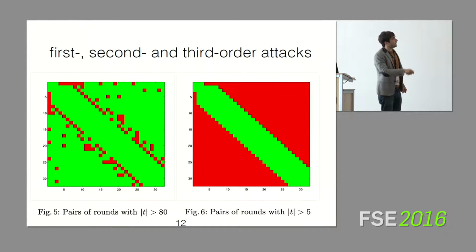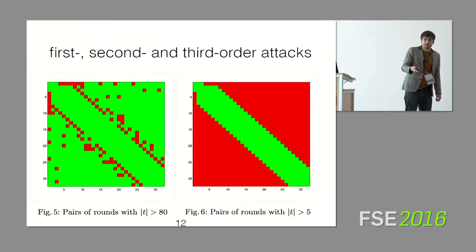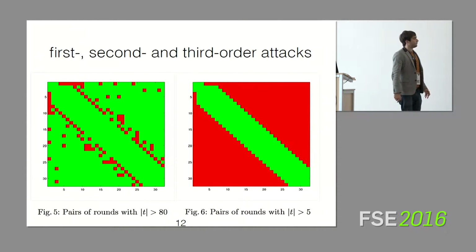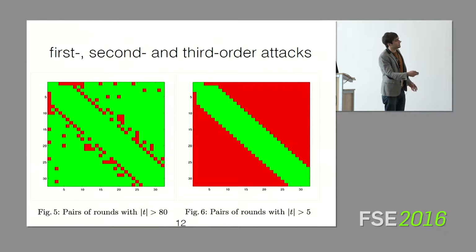A green pixel here tells you that there is no leakage detected between the corresponding pair of time samples, and a red pixel will tell you that there is some leakage detected between those pair of time samples. So you can see that in this particular construction, almost all time sample pairs exhibit some leakage, okay?